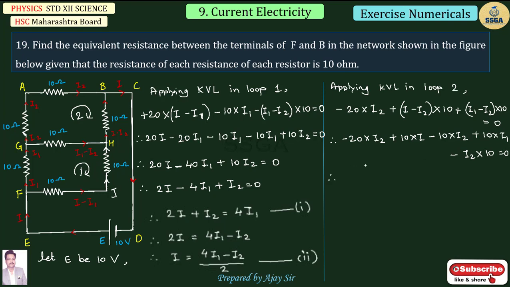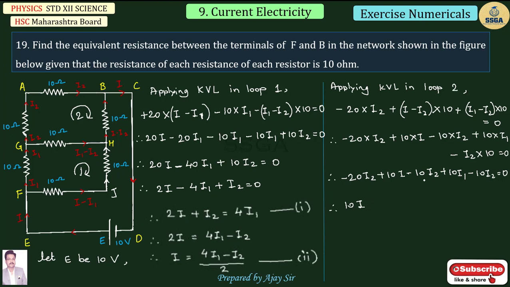We can write this directly without the cross sign: minus 20 I2 plus 10 I minus 10 I2 plus 10 I1 minus 10 I2 equals 0. Let us combine the like terms. So this is 10 into I.